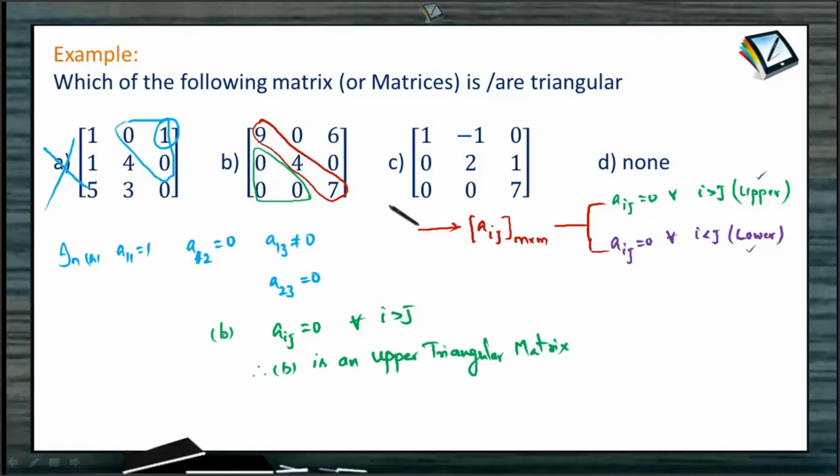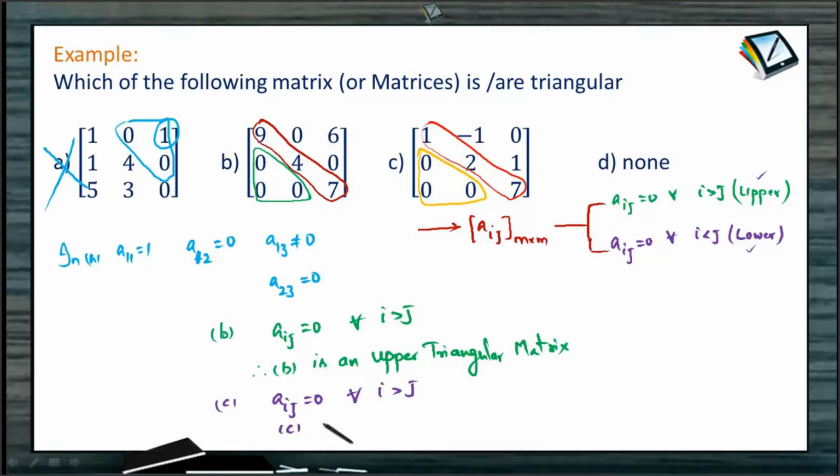Now similarly, let us observe the C case also. In C, the principal diagonal is 1, 2, 7, and if you can observe, the elements to the left of the principal diagonal are all zeros. Therefore, even in the option C also, Aij became 0 whenever i is greater than j.